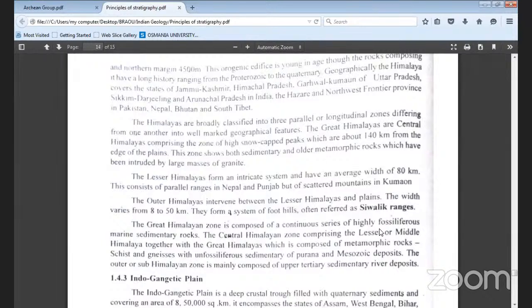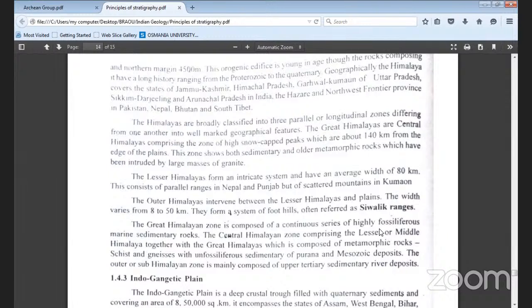The first one is the Great Himalayas, or Central Himalayas, comprising the zone of high snow-capped peaks about 140 kilometers from the edge of the plain. This zone shows both sedimentary and older metamorphic rocks, which have been intruded by large masses of granitic terrain.